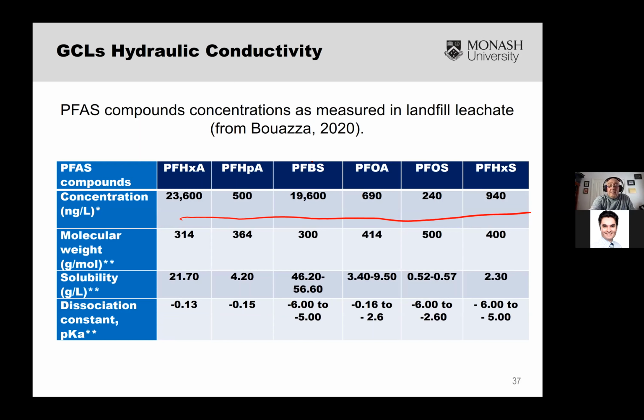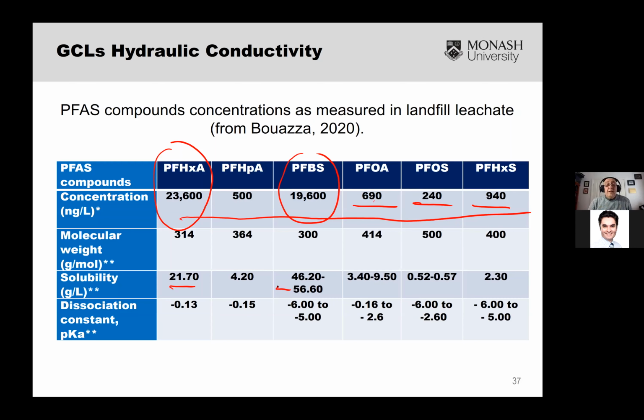Not surprisingly, you have high concentrations of short chain PFAS when you compare them to the long chain PFAS. So again, they are more soluble. Their solubility is much higher than the long chain ones. So all these compounds exist as anions, and of course, as I said, the short chain tend to dominate.